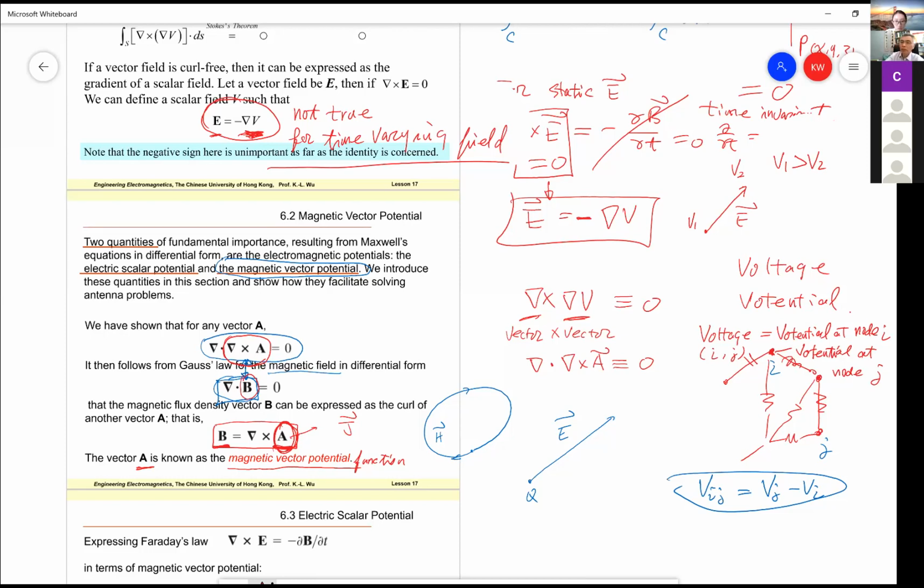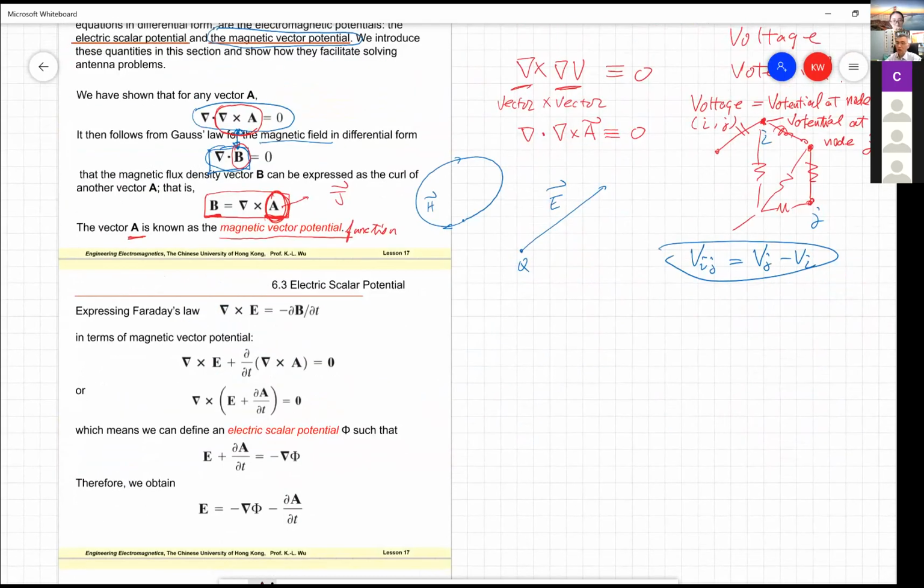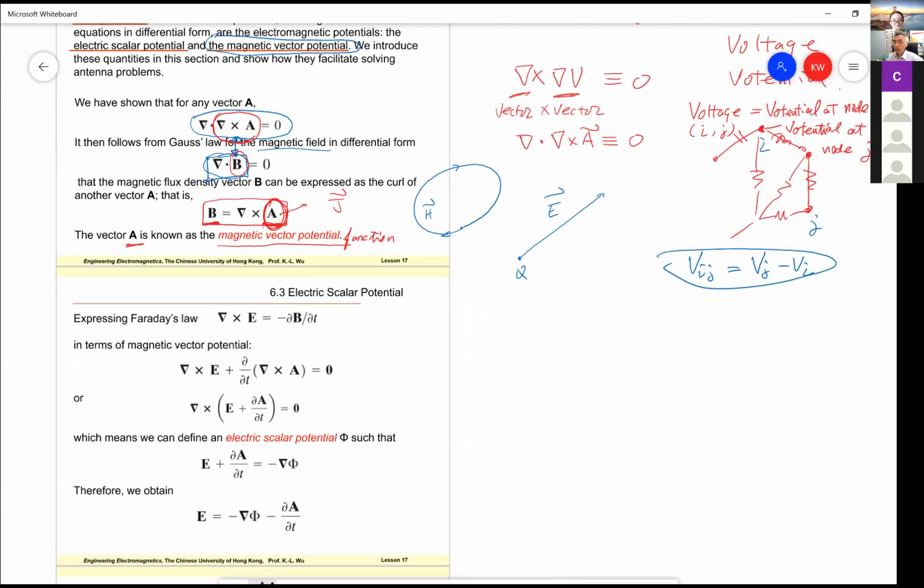Why is it not true? Because how did we derive this? This is derived because this is equal to 0, but this is for a time invariant field, not a time varying field. So let's go back and look at what Maxwell's equations tell us. It is Faraday's law.